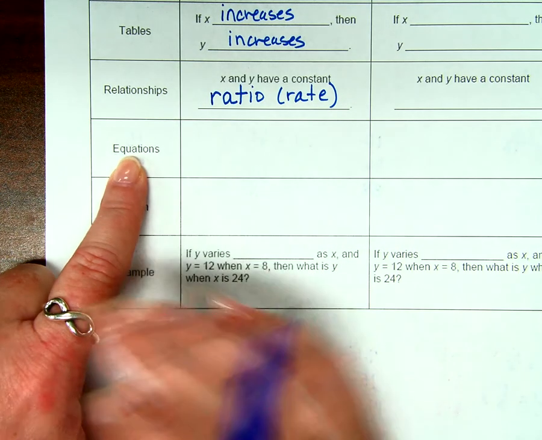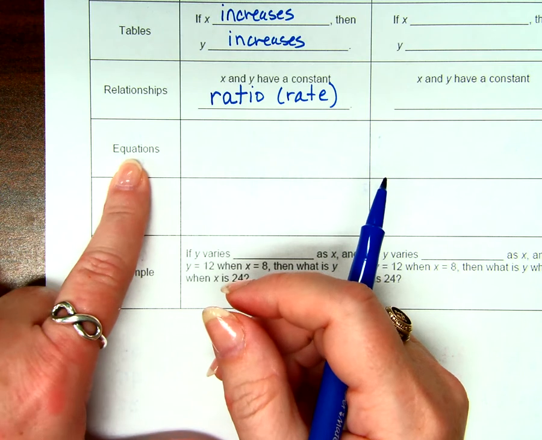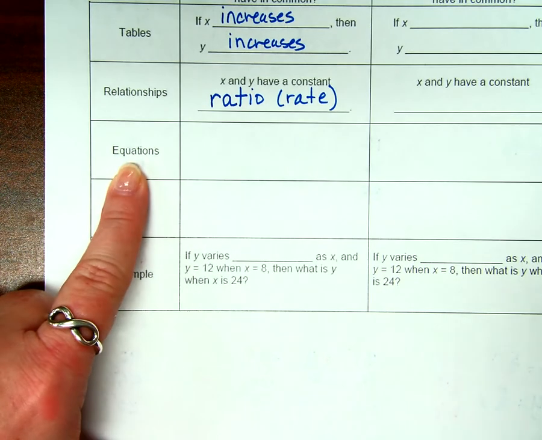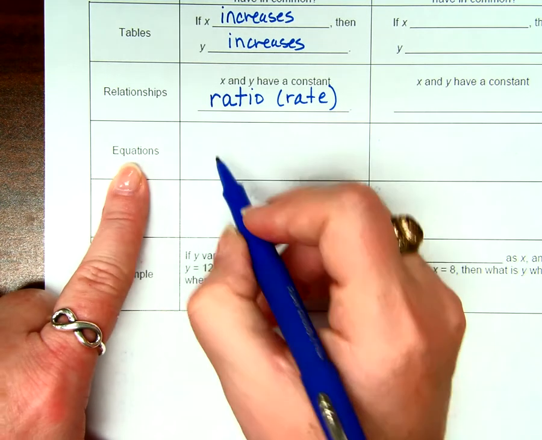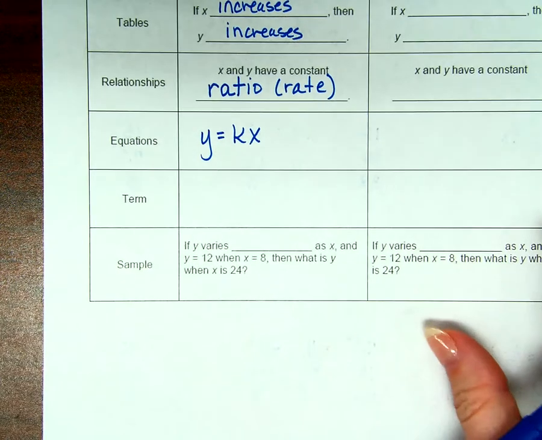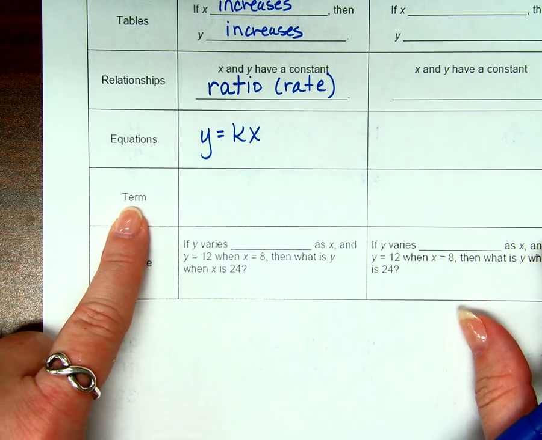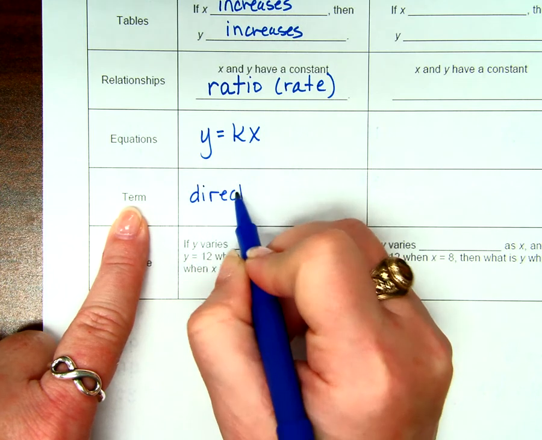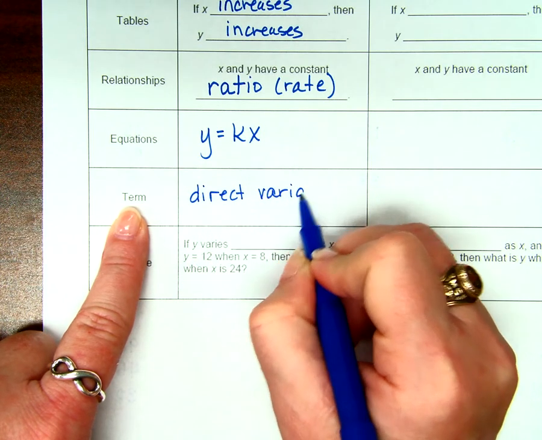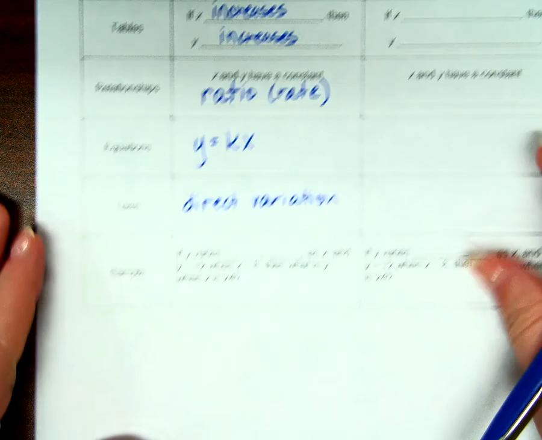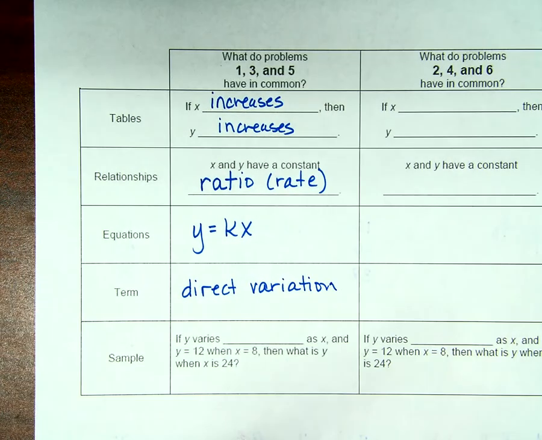TJ said it just a second ago. y equals mx, right? But now we're in Algebra 2, so for some reason we have to use a different letter. So we're going to say y equals kx. Okay. What's this called? Direct variation. Yeah? Go ahead and turn your paper over and copy that down for me, please, before we go on to the problem.